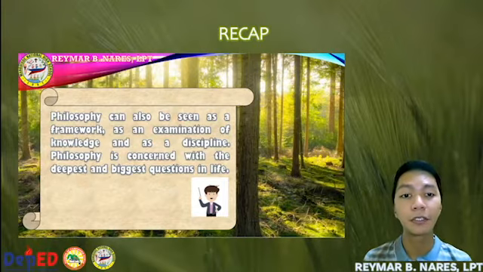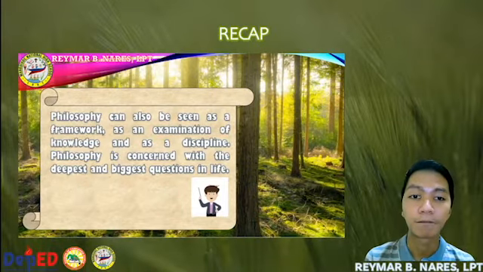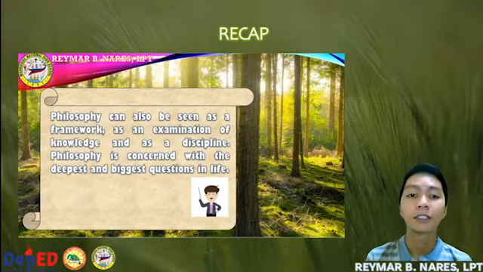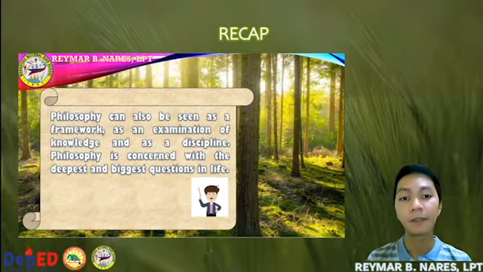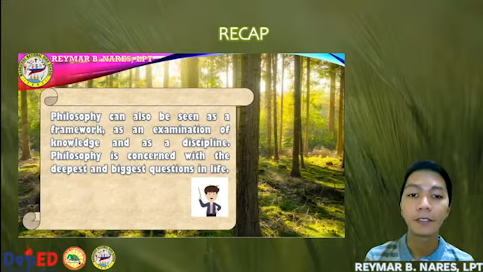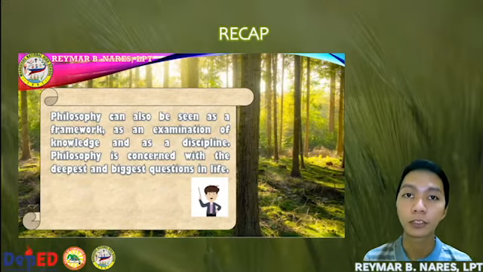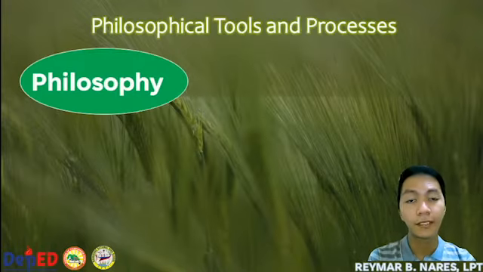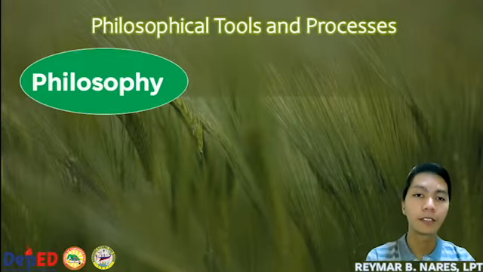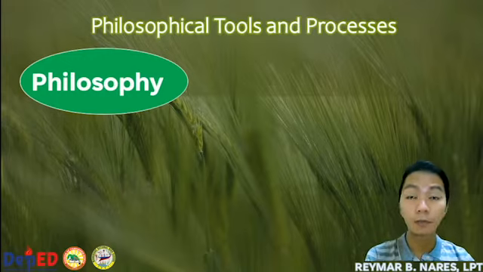Philosophy can also be seen as a framework, as an examination of knowledge, and as a discipline. Philosophy is concerned with the deepest and biggest questions in life. Alright? So, for this episode, our first objective is to study the philosophical tools and processes.